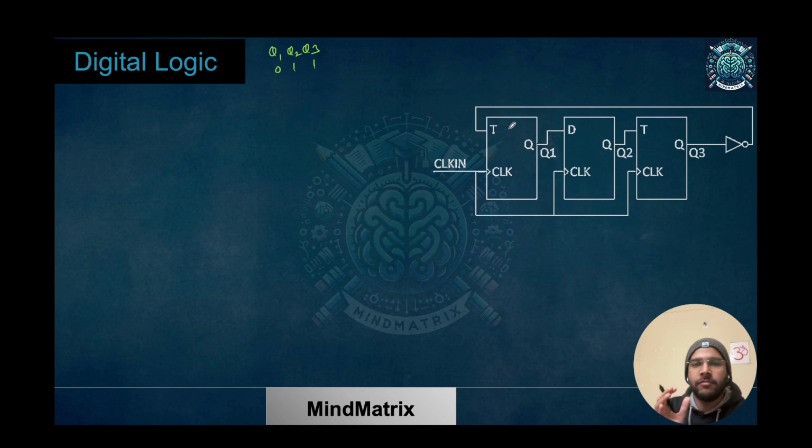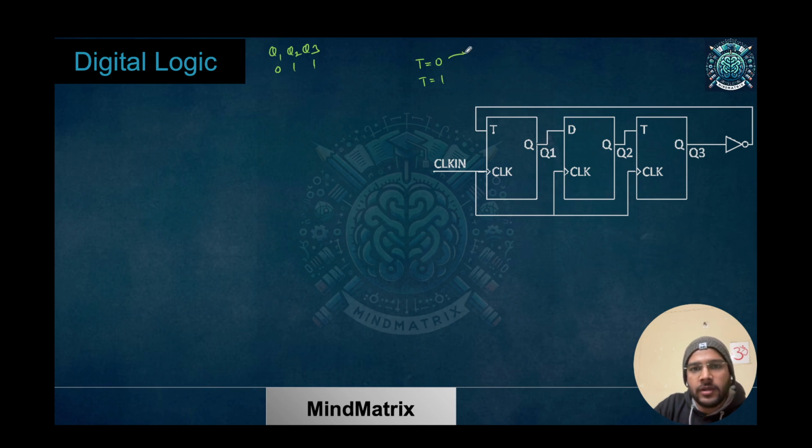Now before solving this question, it is very important to understand how a T flip-flop and D flip-flop behave. I hope you are aware of the concept, but still let me tell you this. When it comes to a T flip-flop, there are two possible values, right? Either the value of T is 0 or the value of T is 1.